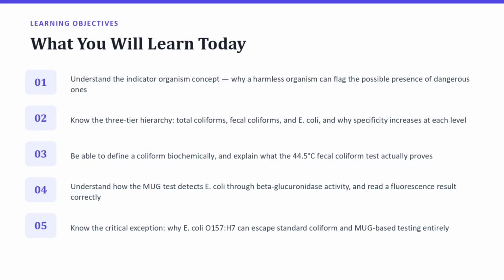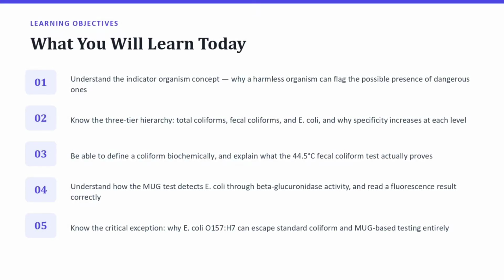Here is what we will cover today. Number 1, you will understand the indicator organism concept, why a harmless organism can flag the possible presence of dangerous ones. Number 2, you will know the three-tier hierarchy, total coliforms, fecal coliforms, and E. coli, and why specificity increases at each level.